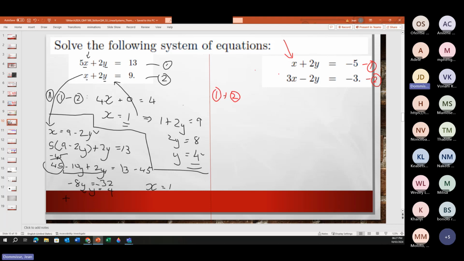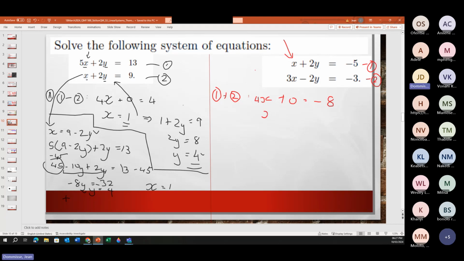So then it is x, now I must not make mistakes, x plus 3x is 4x, plus 2y minus 2y is 0. And then it is minus 5 plus minus 3, which gives you minus 8.